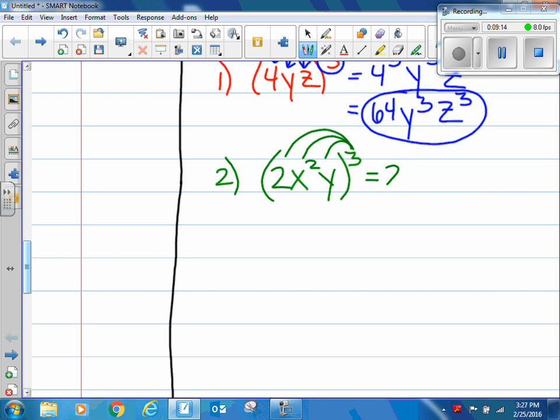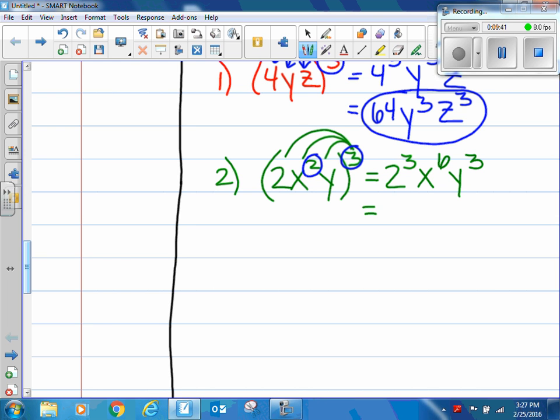So I have 2 to the 3rd. Now here I have x squared and I'm raising that to a 3rd power. So that's similar to when we talked about a power of a power. And if you remember, go back into your notes, when we find a power of a power, we multiply. So I'm going to multiply this 2 times this 3. So it should be x to the 6th and then y to the 3rd.